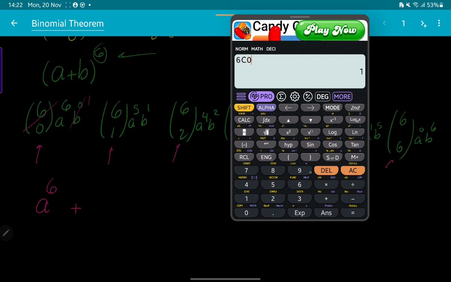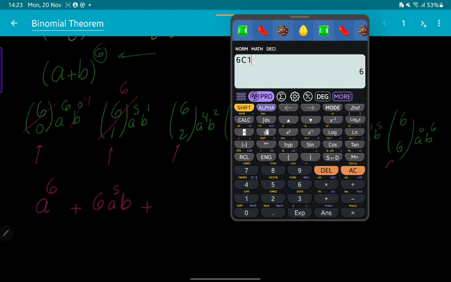Then calculate 6C1, this is 6, and this is a power 5 and b, so the answer will be 6 a power 5 b. Then 6C2 is 15, so it's 15 a power 4 b power 2.